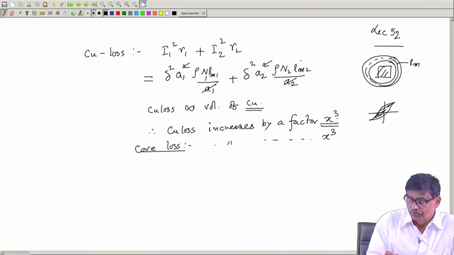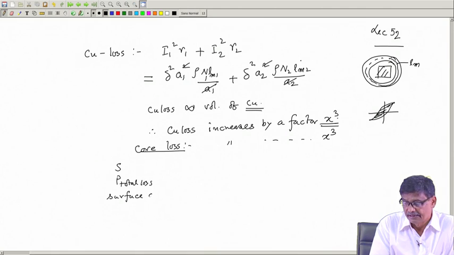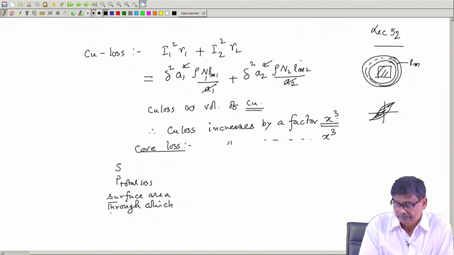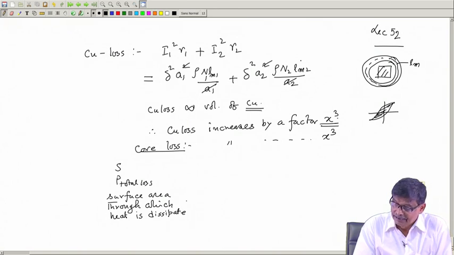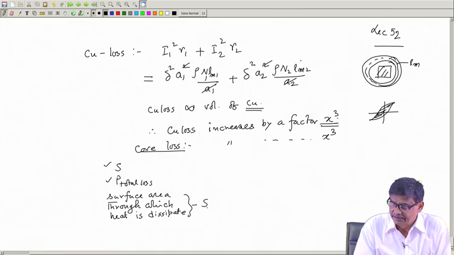Therefore, to summarize, if this was your original kVA rating S, this is the total loss P total loss, and this is the surface area S surface, some effective surface through which heat is dissipated.